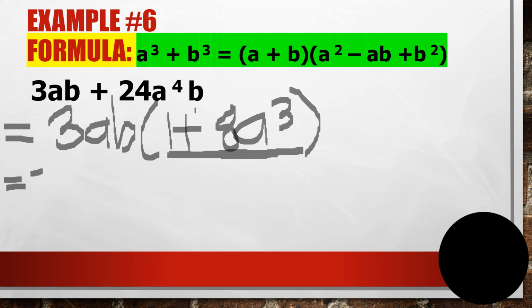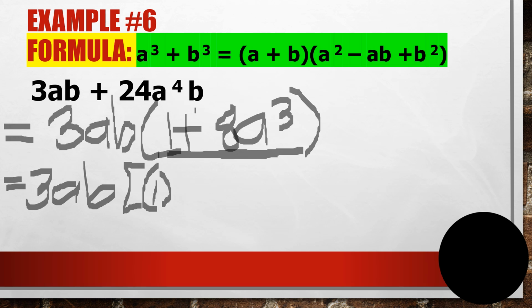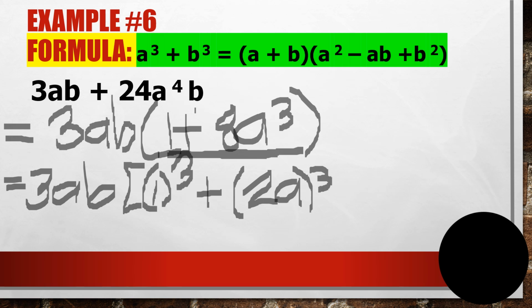Just copy 3ab and then a bracket, open parenthesis, the cube root of 1, we have 1, and then raised to the power of 3 plus the cube root of 8a cubed, we have 2a, and then close, raised to the power of 3, and then close it.